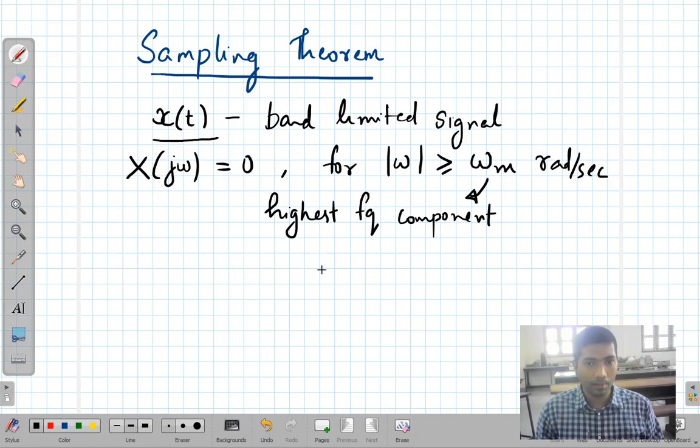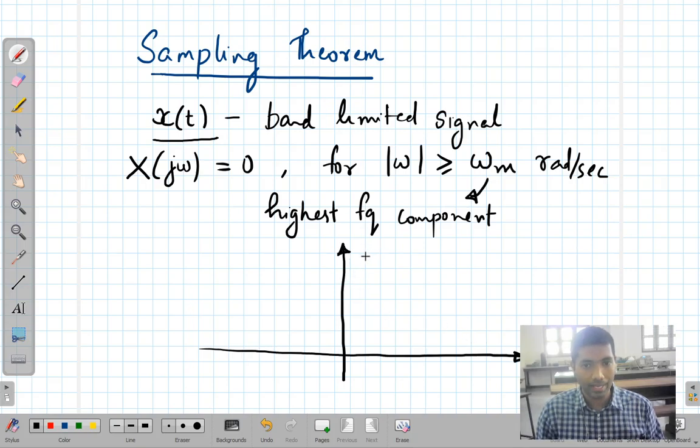For example, if we consider a band limited signal with highest frequency component omega m, the magnitude spectrum will be something like this. I am trying to plot the magnitude spectrum of a band limited signal. On the y-axis we have the magnitude of the Fourier transform, X of j omega, and on the x-axis we have omega in radians per second.